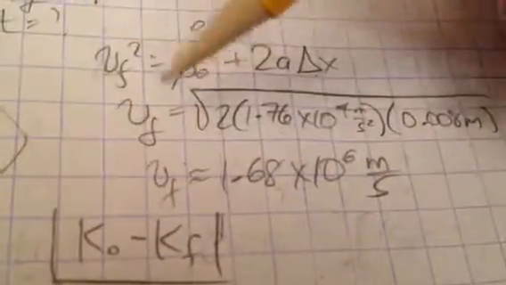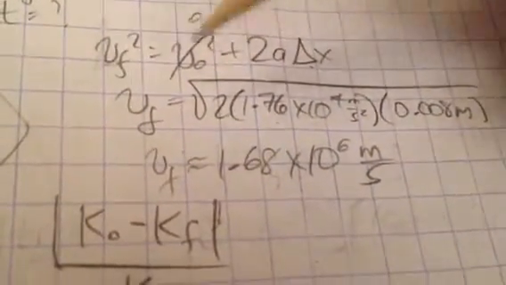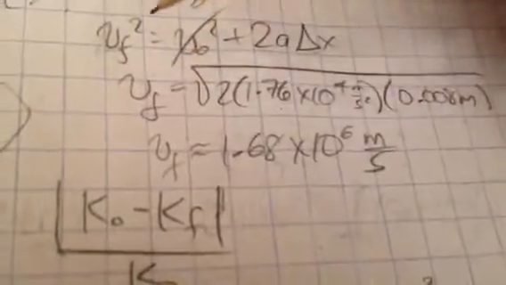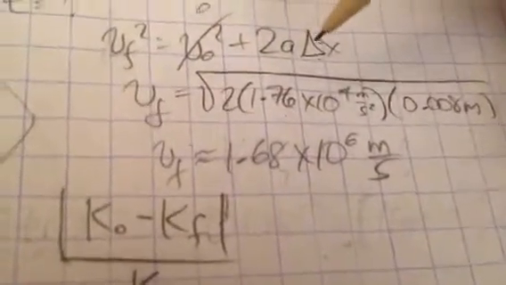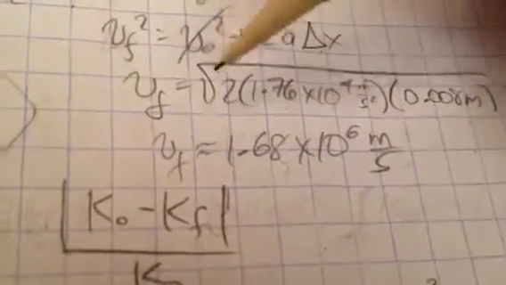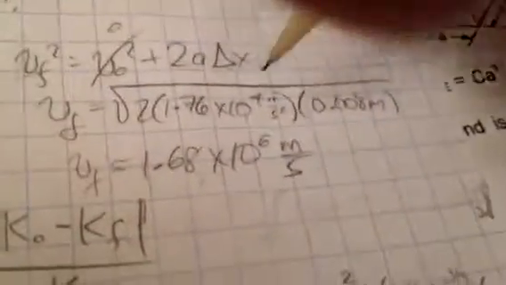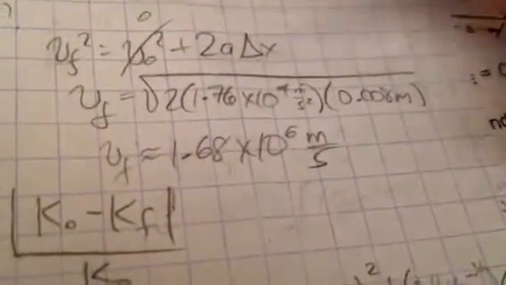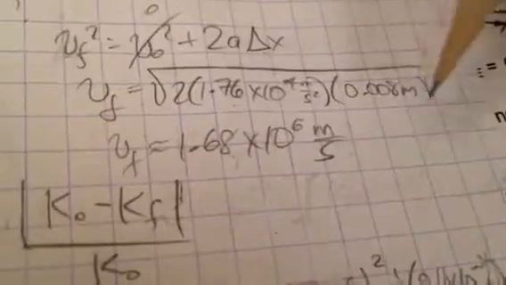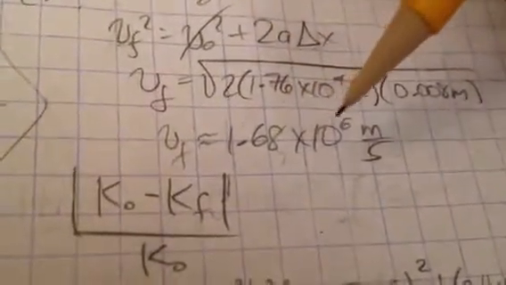So I just used another kinematic equation. Velocity final squared equals velocity initial squared plus 2a times change in x. I just substitute my values for acceleration and change in x at the point 0.008 meters where the E field abruptly ends. And velocity final is approximately 1.68 times 10 to the 6 meters per second.